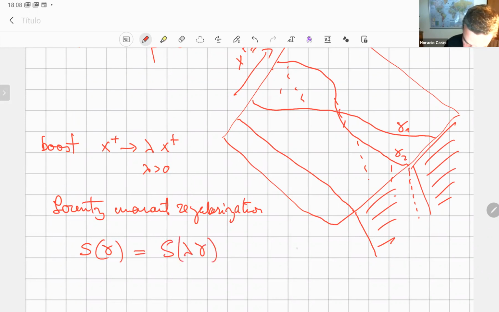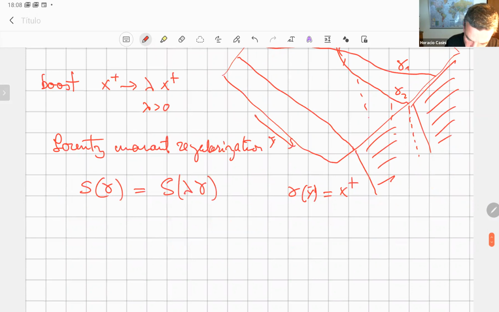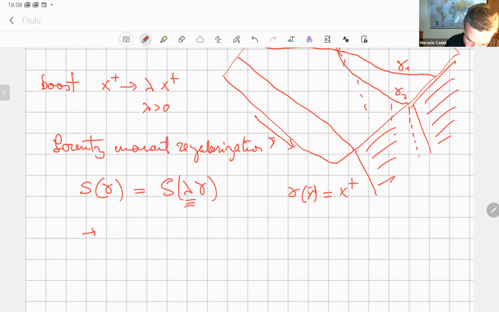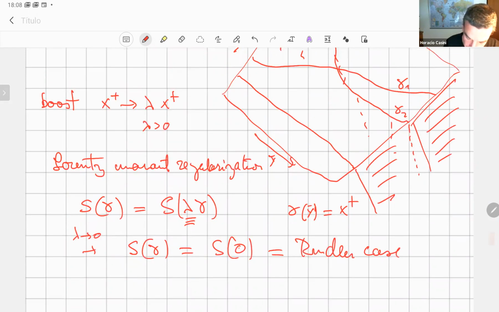So if these are transversal coordinates, the curve is described by gamma of these coordinates, y equal to x plus. But then you can put your lambda going to 0, and then S gamma is equal to S0. That is just a Rindler case. So all entropies are equal.